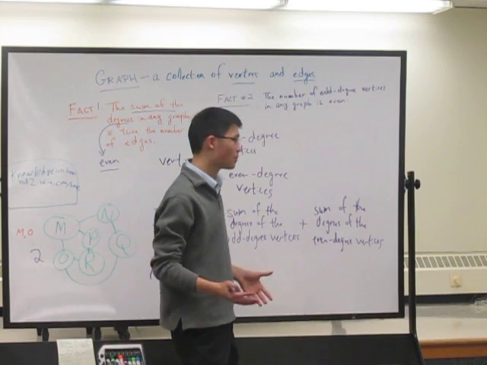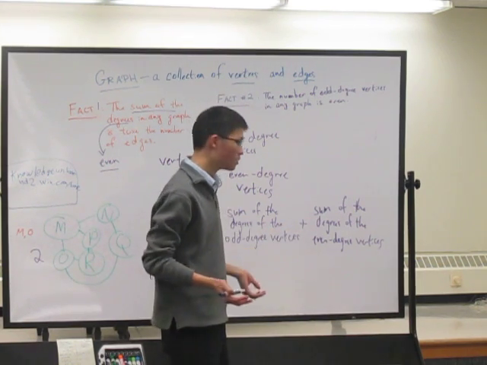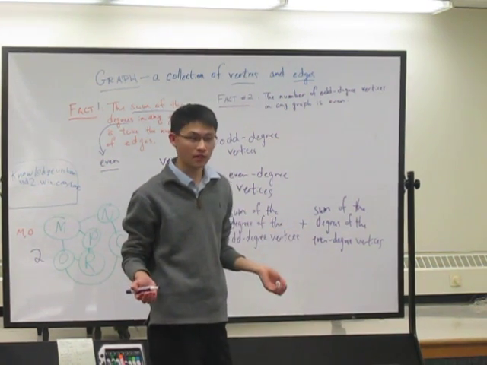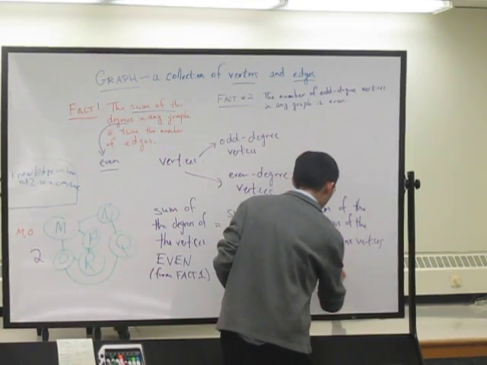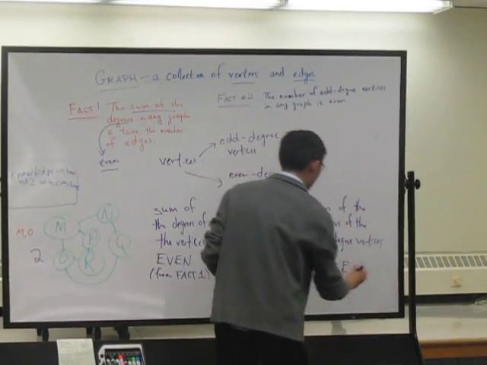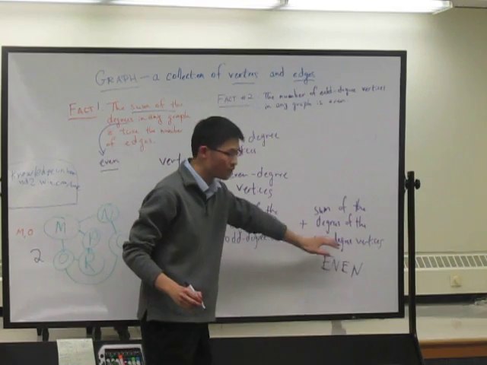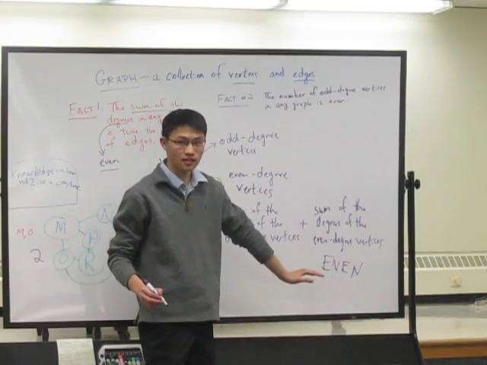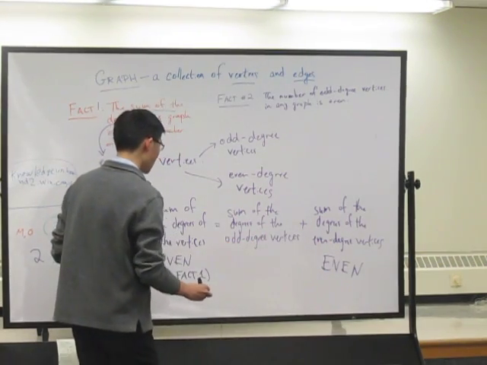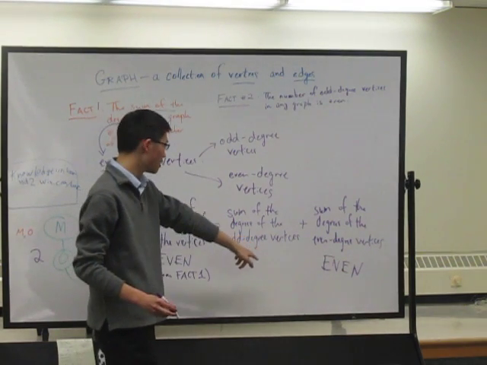If you add up a bunch of even numbers, like 2 plus 4 plus 8 and so on, you get another even number, correct? So this has to be even. You guys see why this has to be even? Because these are the degrees of the even degree vertices. Okay. So we know this is even, and we know that's even. So what does that have to be?